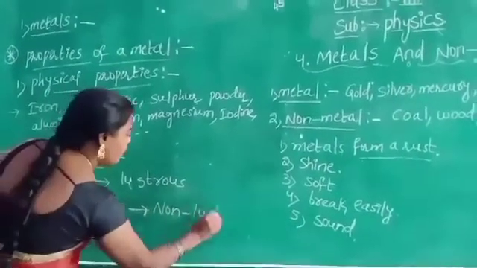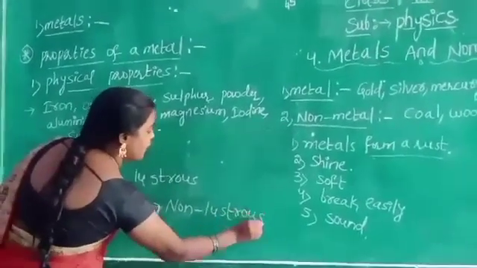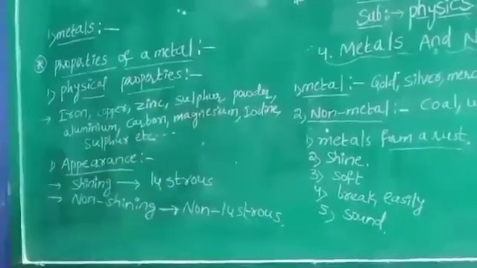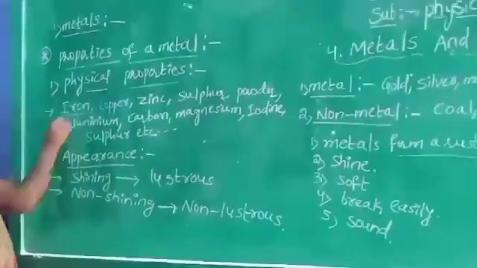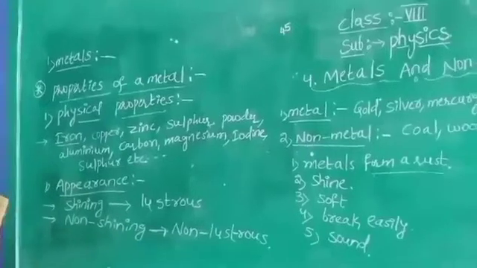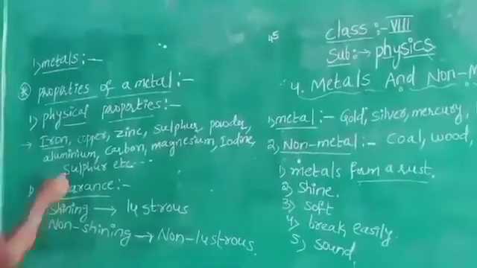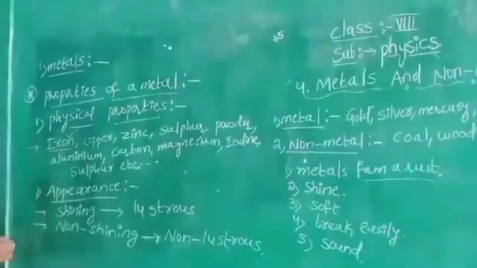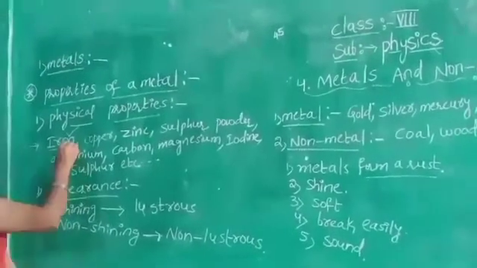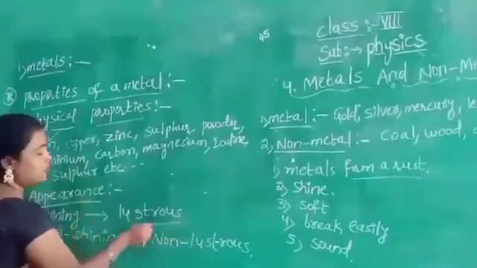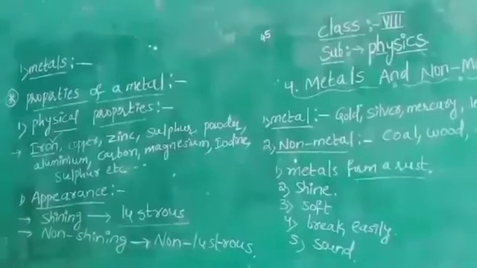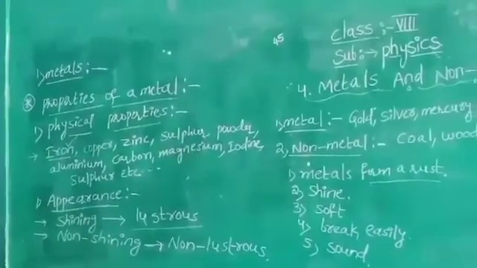Okay children, for example, I am telling you, iron. When you expose iron to sunlight, it will shine. So that's why it is a lustrous material. It is a what, Nana? Lustrous material.